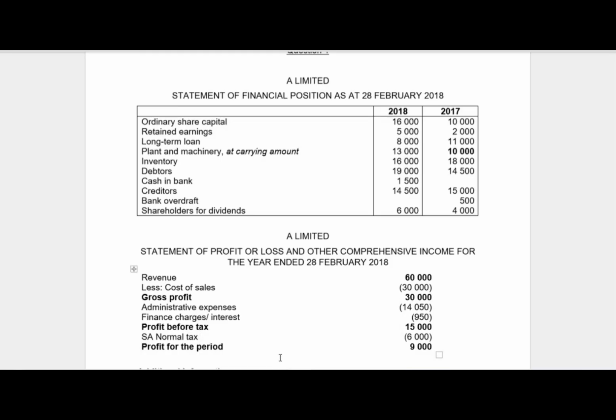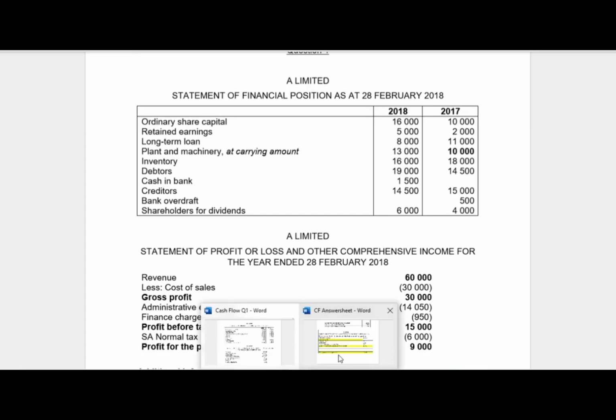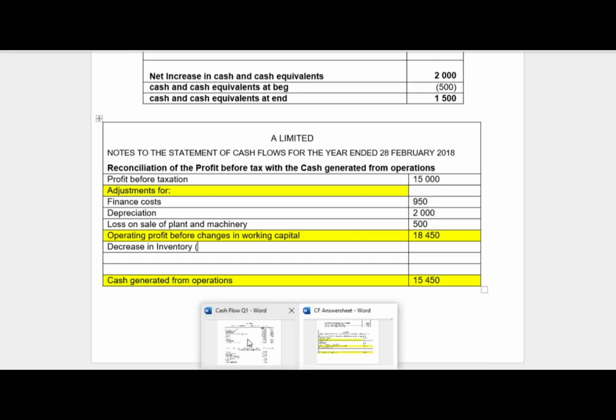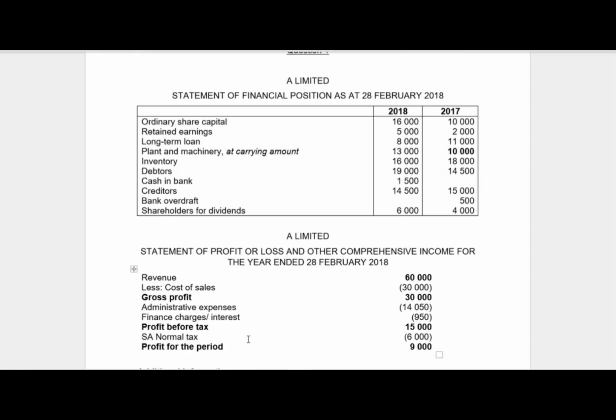So you go to your answer sheet right there and say decrease in inventory, which is how much? Let's just double check that. 18,000 minus 16,000.